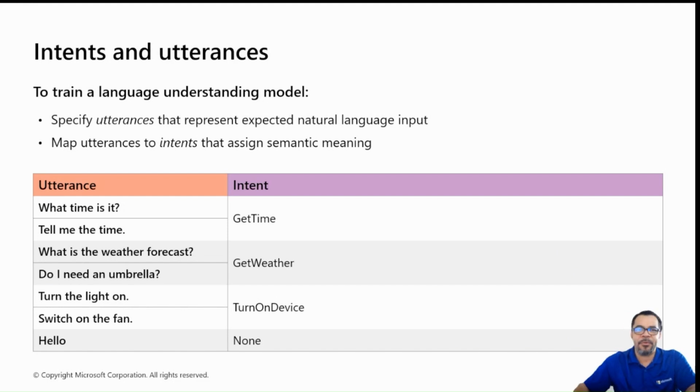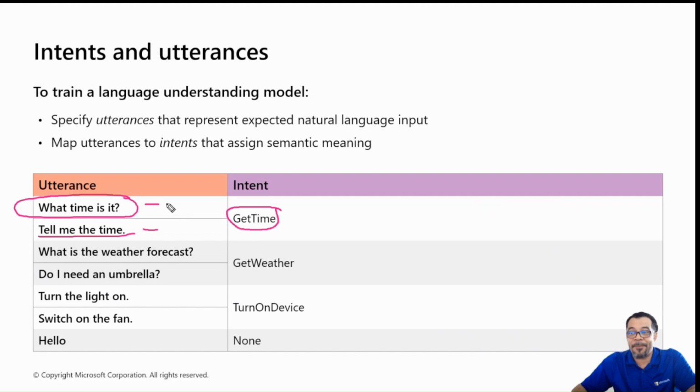If you look at the example here, an example of an utterance would be, what time is it? And on the back end, the system would say, okay, what you're trying to do is get the time. And then it will process it based off of that and generate a response. Or, tell me the time. Notice here, I've got two different ways of asking the same question, which deals with time.